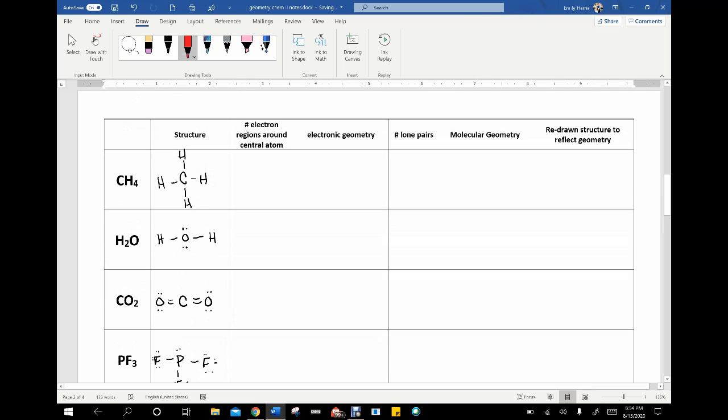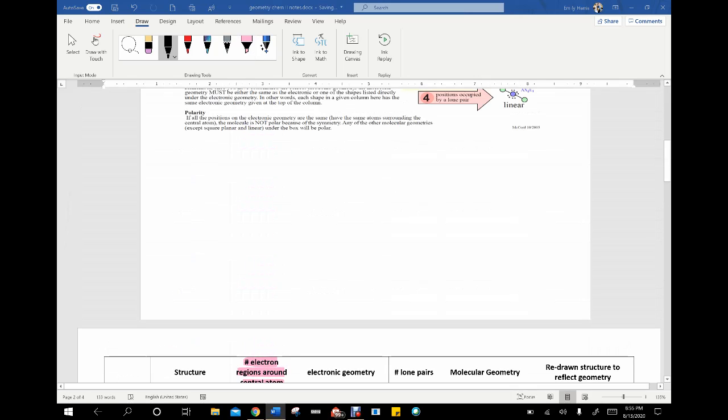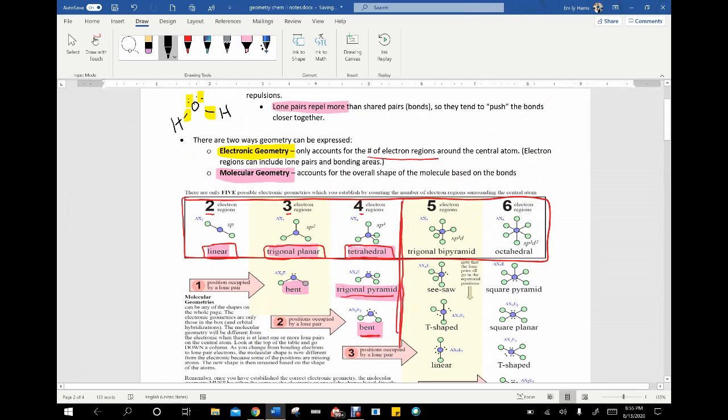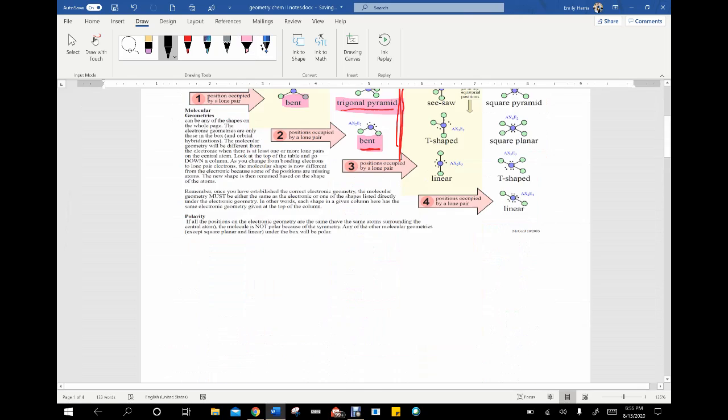Okay, so first it asks us to figure out the number of electron regions around the central atom. Our central atom here is carbon, so it appears that we have 4 electron regions surrounding our center atom carbon. So if we go back to our chart, 4 electron regions is referred to as tetrahedral.